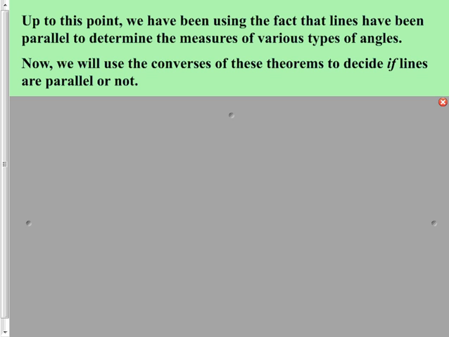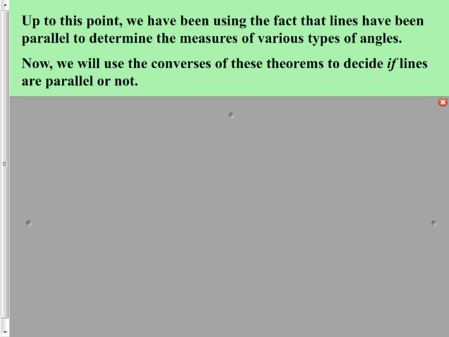Now, up to this point, we have been using the fact that lines are parallel in order to determine the measures of various types of angles. Now we're going to use the converses of these theorems to decide if lines are parallel or not. A few weeks back, we talked about conditional statements and also the negations. One of the negations was called a converse.